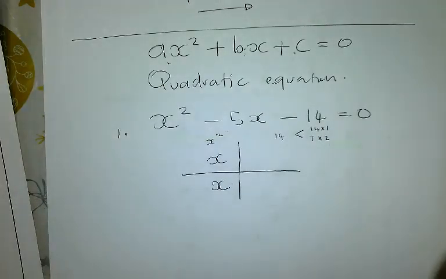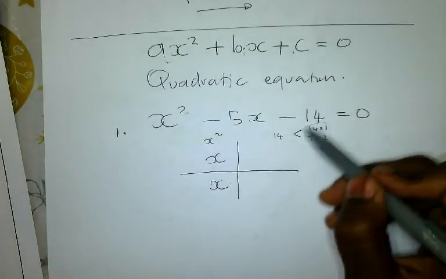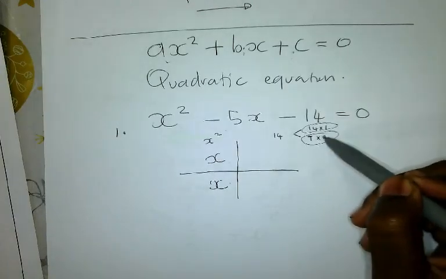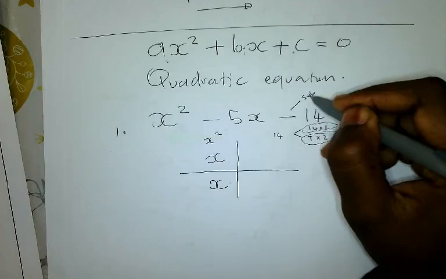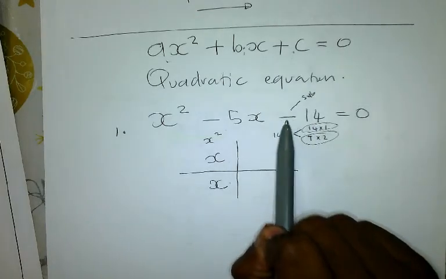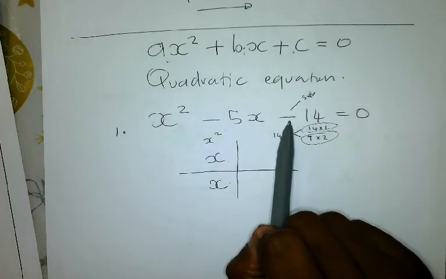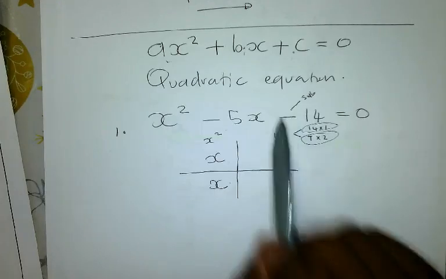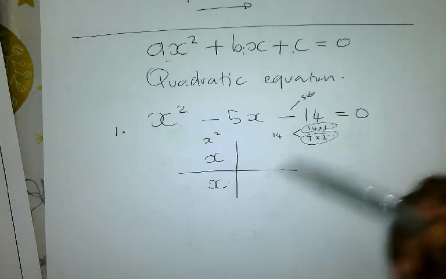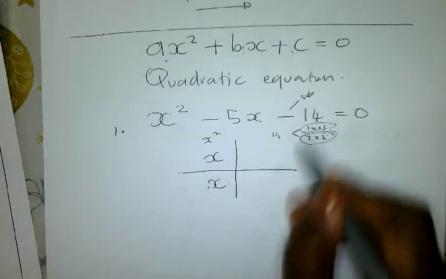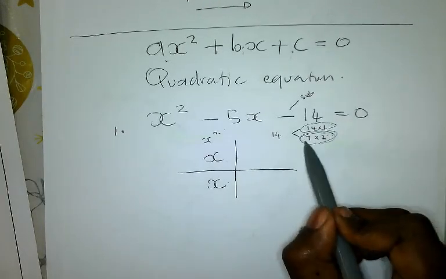So I'm going to choose from these 2 factors, and I look at this sign. This sign tells you if you are subtracting the factors or adding the factors. I'm going to choose factors whereby if I were to subtract, they would give me a 5. Which is 7 and 2. I can see 7 minus 2 will give me a 5.